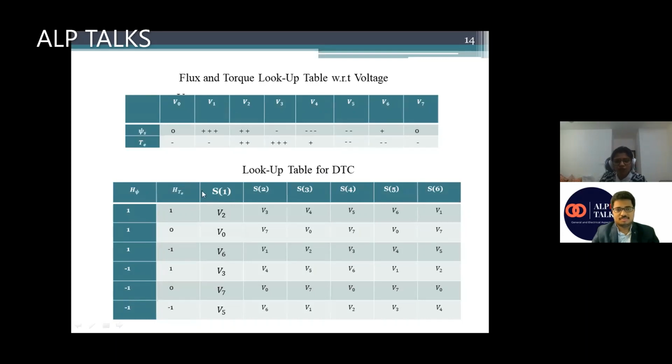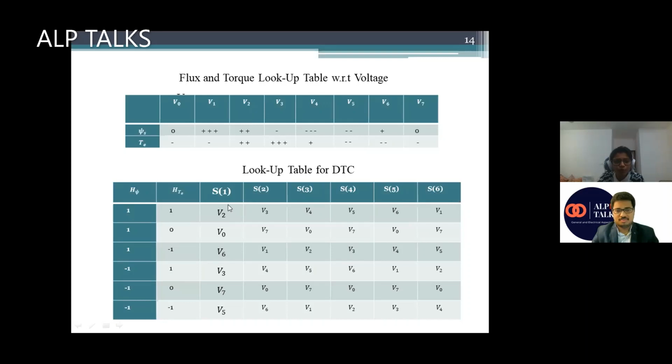The main lookup table, which is shown as the switching table in the block diagram, is this. The flux hysteresis comparator is giving me 1, and the torque hysteresis comparator is also giving me 1, and my vector is in sector 1.